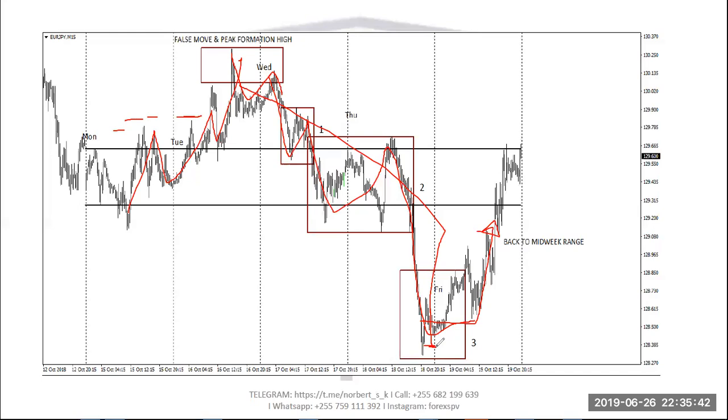So if the cycle is short, you simply go short before the news, and then the news would come and the dealer would sell. On Friday now, we know the dealer would come back to the midweek range. So if he was selling throughout the week, now on Friday the dealer would buy. So if the news release is on Friday, we would expect the dealer to buy.